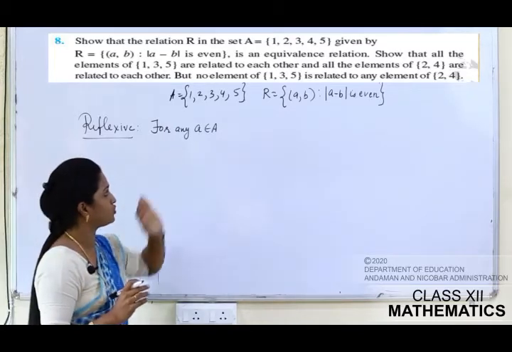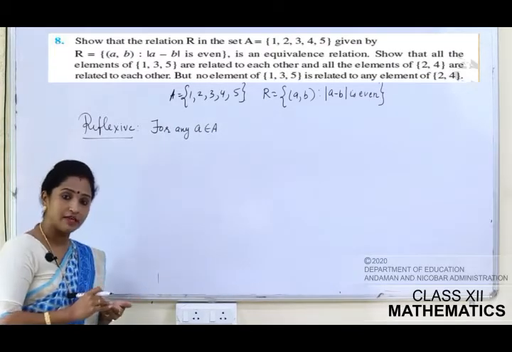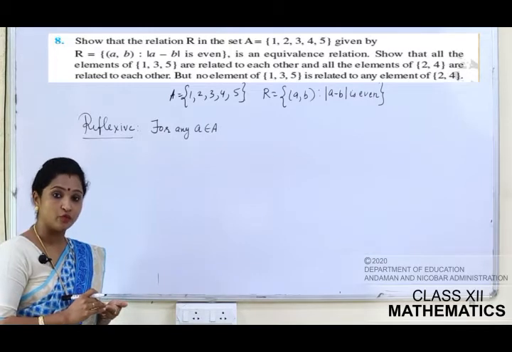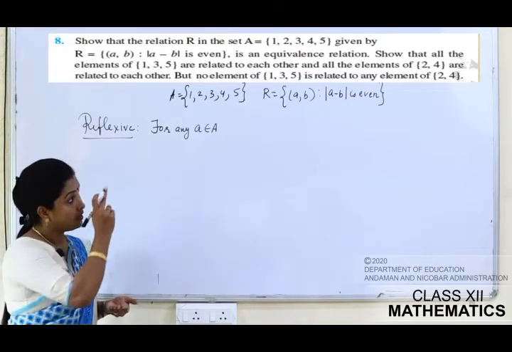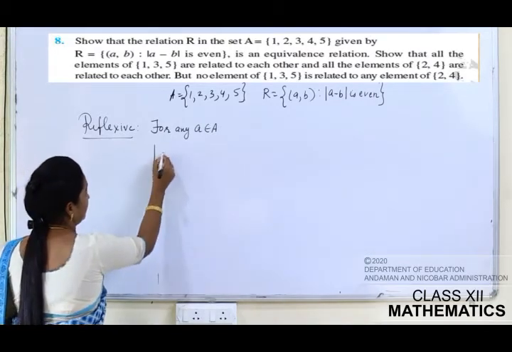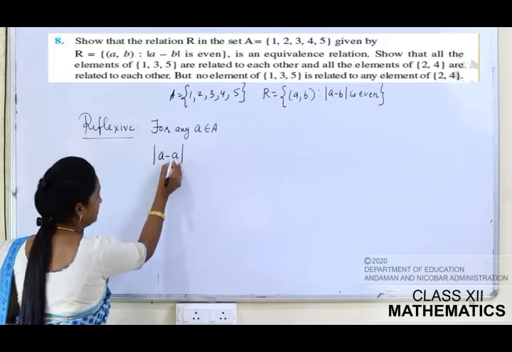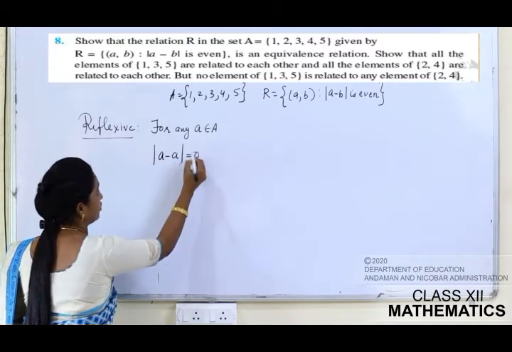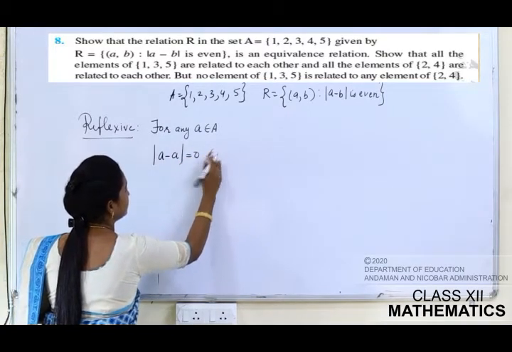For any a belongs to A, what is reflexive? You have to replace b by a. That means a minus a, that is 0, which is even.